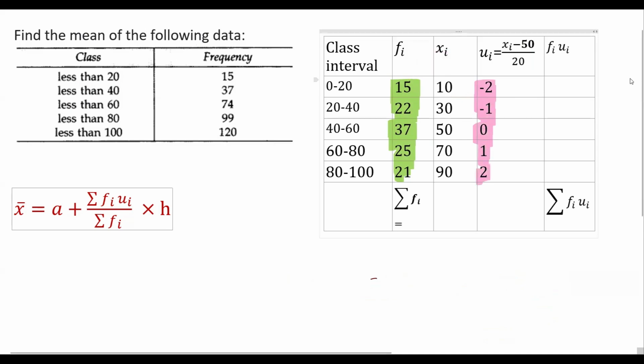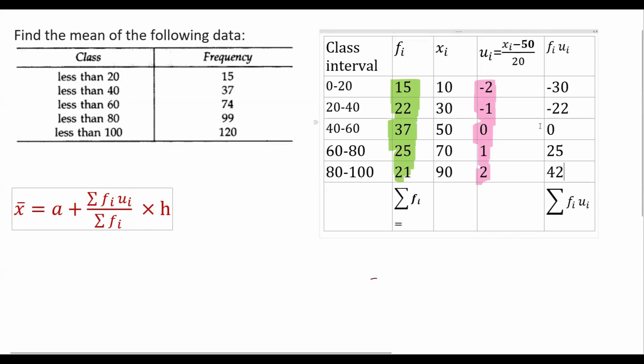Let's check what we are getting. 15 into minus 2 is minus 30. The next is minus 22. Then it's 0, 25 into 1 is 25, and 21 into 2 is 42.